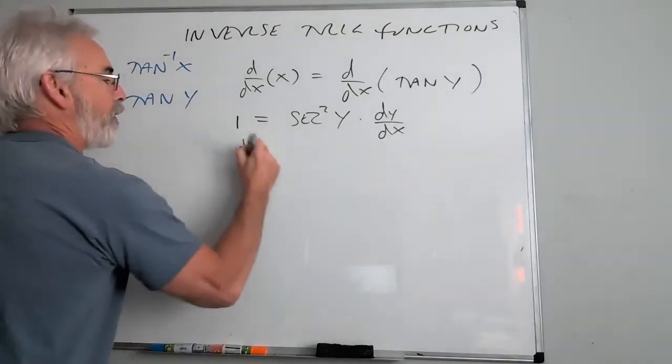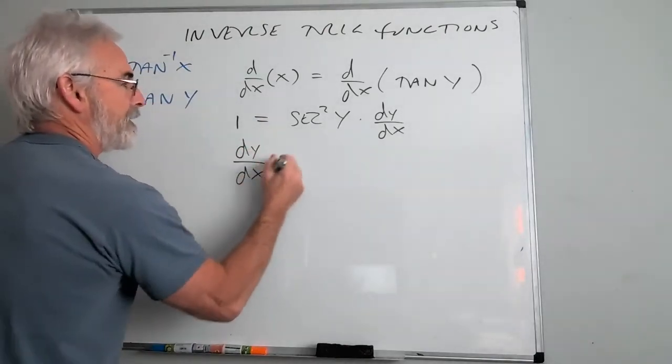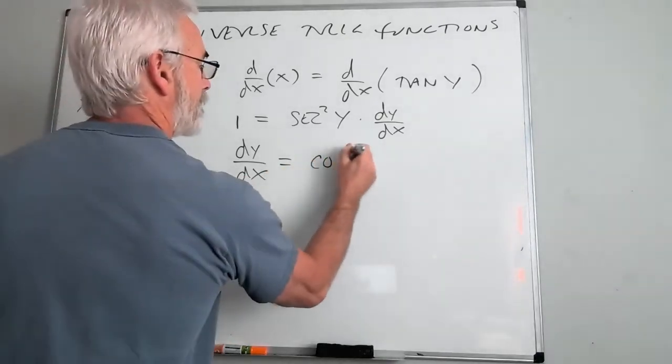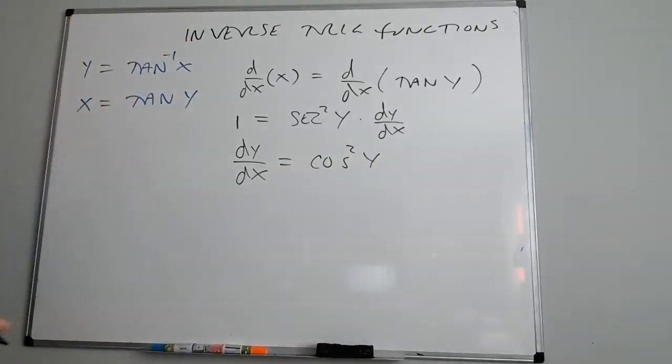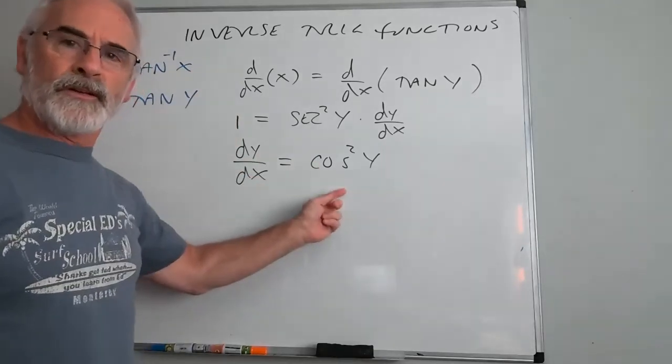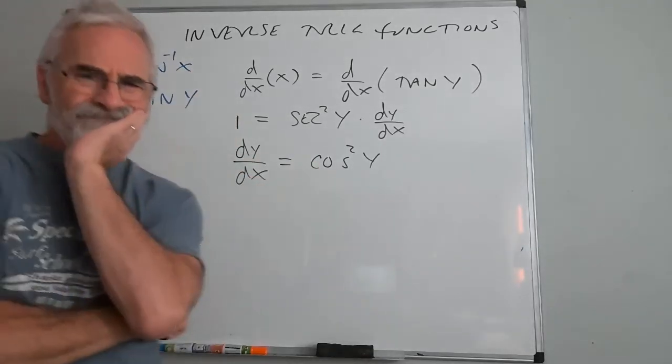So therefore, what is dy/dx? Well, I'm just going to multiply both sides by the reciprocal of the secant squared, and the reciprocal of secant squared is cosine squared. Great. I have just figured out that the derivative of the inverse tangent of x is the cosine squared of y.